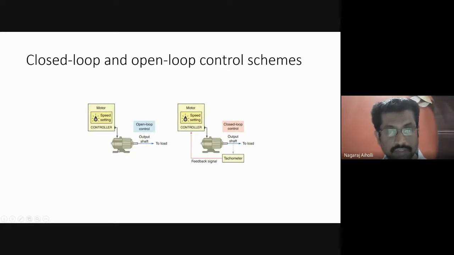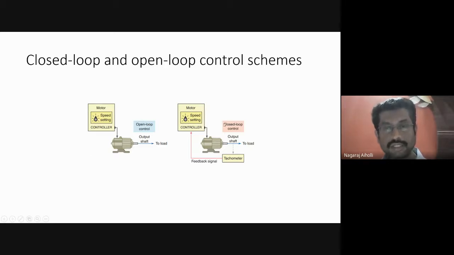It is controlling the working of the motor, and the output of the motor is connected to the load. It is driving and operating the load. This is called an open loop control system. That means there is no output from the load back to the PLC, back to the controller. This is called an open loop system or open loop control.